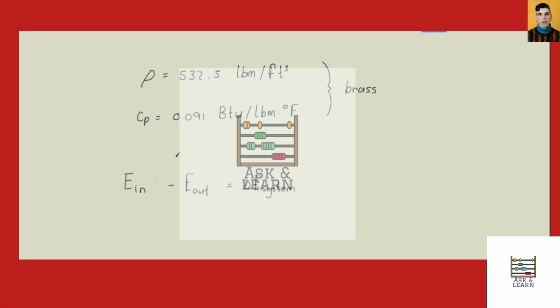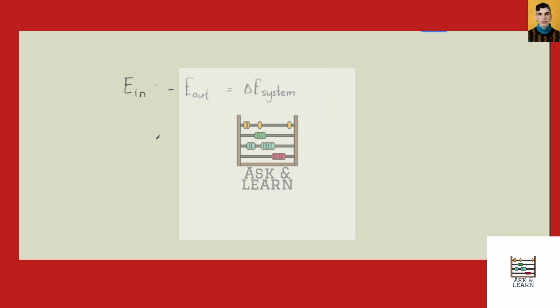Now if we take the plate to be the system, each individual plate that is, the energy balance can be written as E in minus E out is equal to the change of energy in the system, delta E. Now the energy in is due to the heat from the oven.